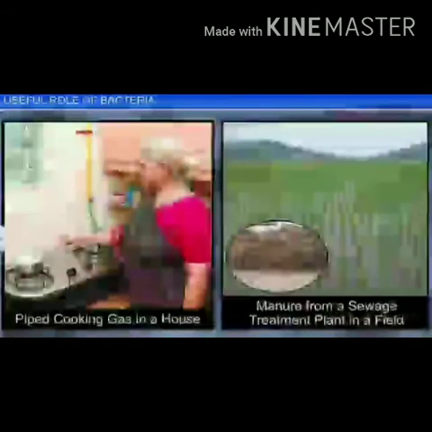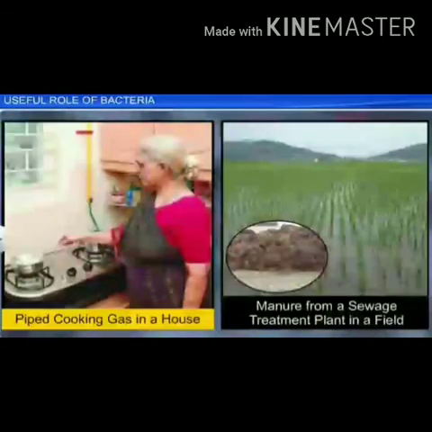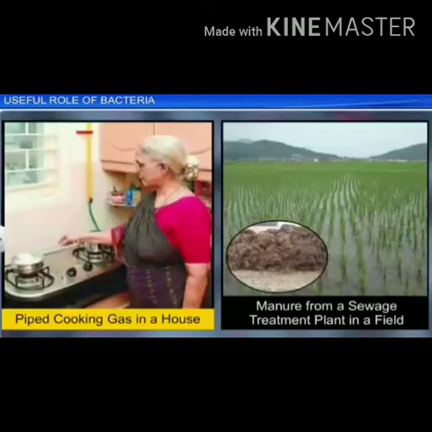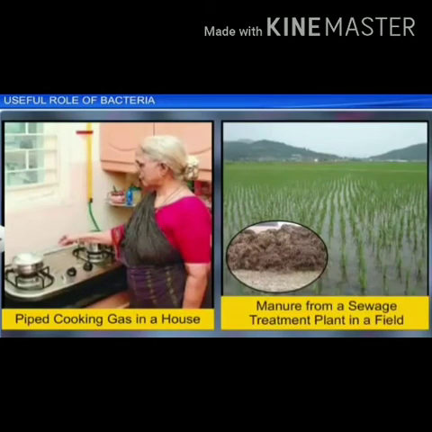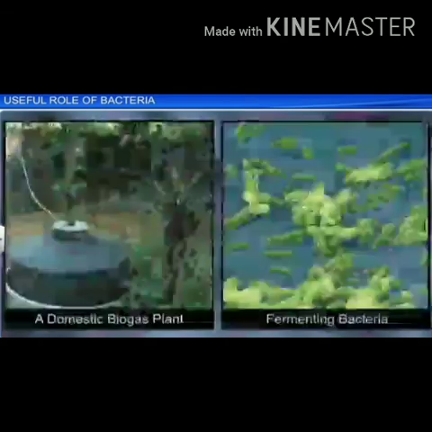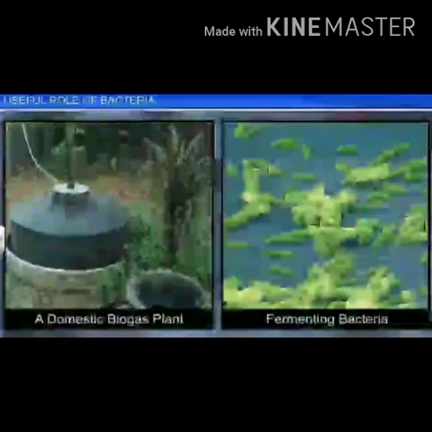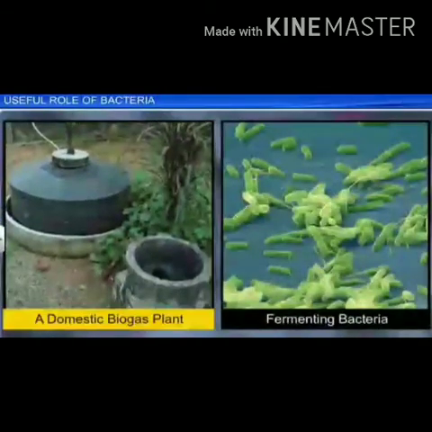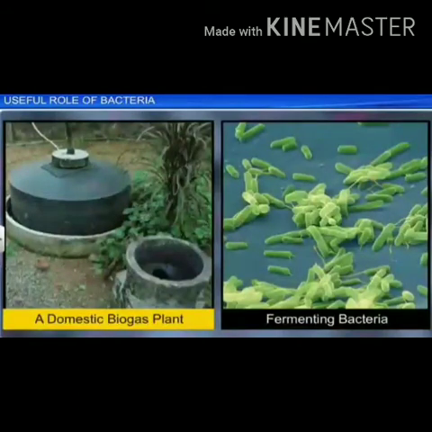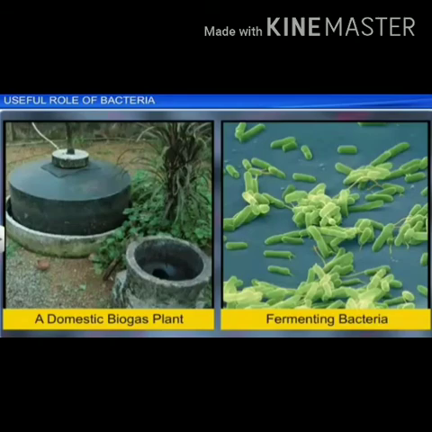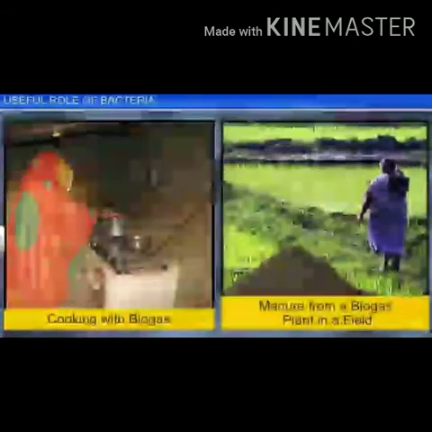The gases produced during the treatment are used for cooking, while the liquid and solid products are used as manure in fields. Another use of bacteria is in gobar gas or biogas plants, where the cellulose in cow dung is degraded by fermenting bacteria to produce cooking gas and manure.